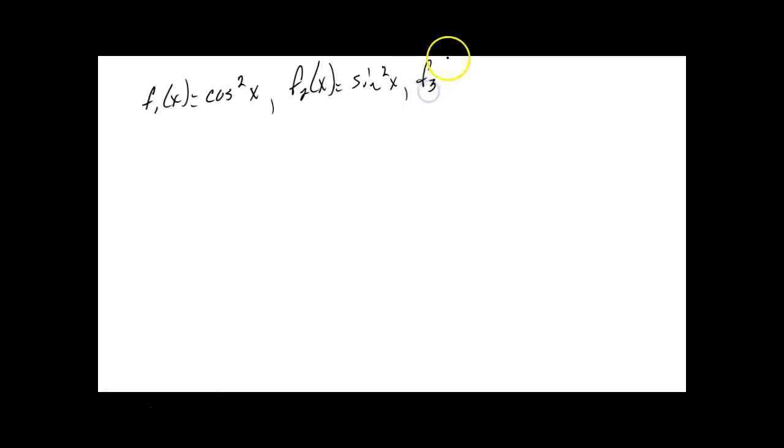Okay. The set of functions, here's one, f1 of x is equal to cosine squared x. f2 of x is equal to sine squared x. And f3 of x is equal to secant squared x.